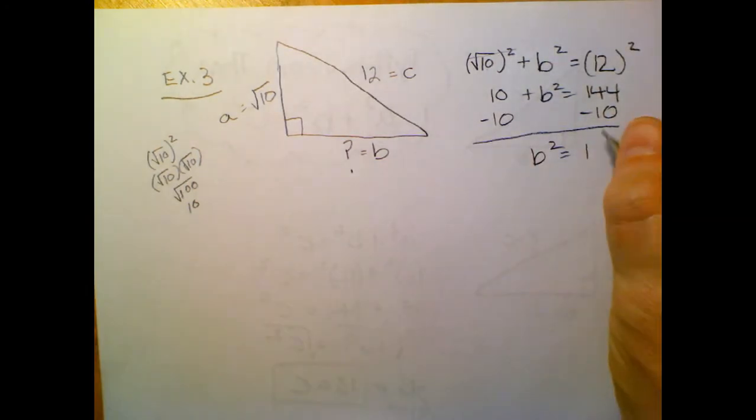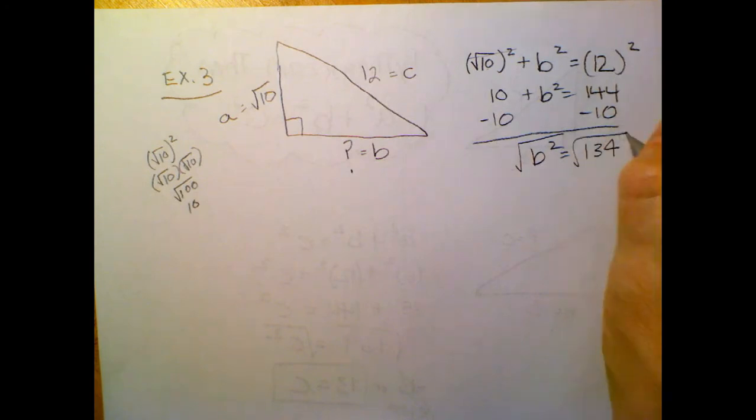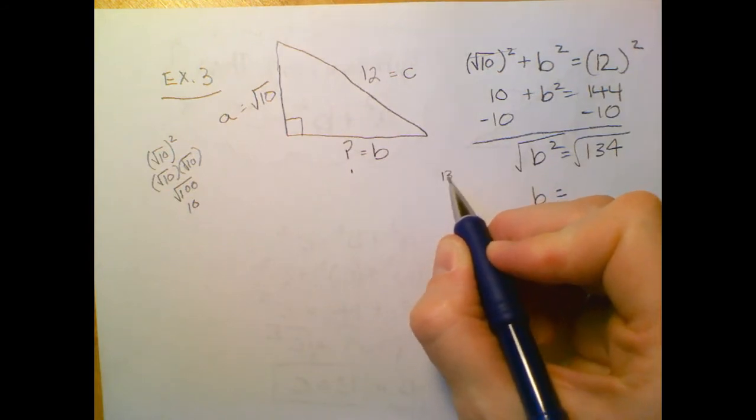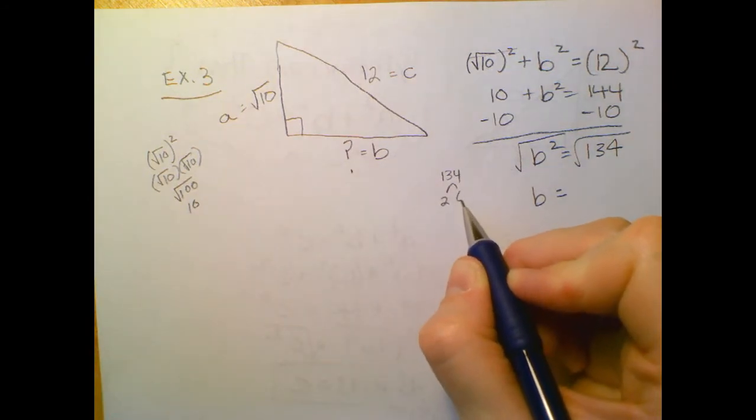Before I do any square rooting, let's see, 134. Okay, 134. Let's see, I'll go to this side. 134, I know it's divisible by 2. 67.